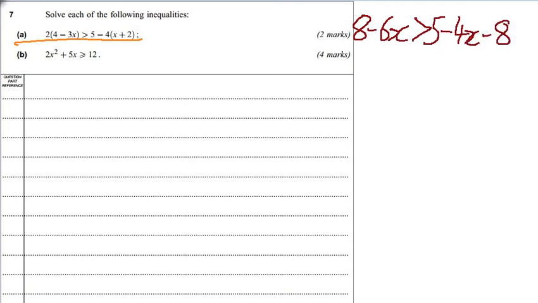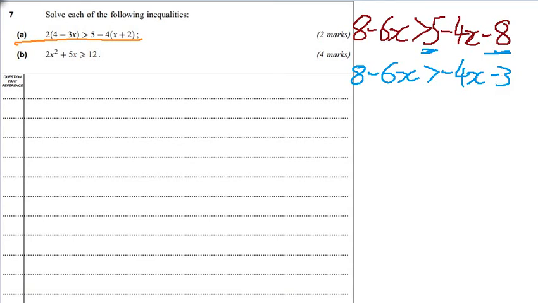There's any number of different ways you can go about doing this, but we've got a bunch of different things all in the wrong place. So let's take that 5 there and minus 8. Let's put those together. So we get 8 minus 6x is greater than minus 4x minus 3, because obviously plus 5 and minus 8 is minus 3.